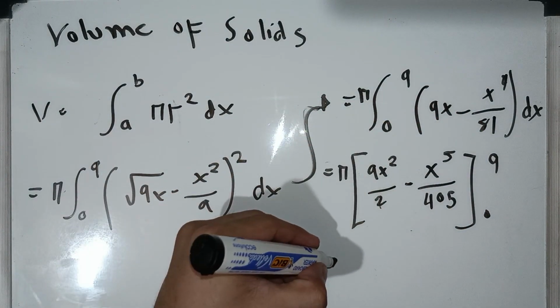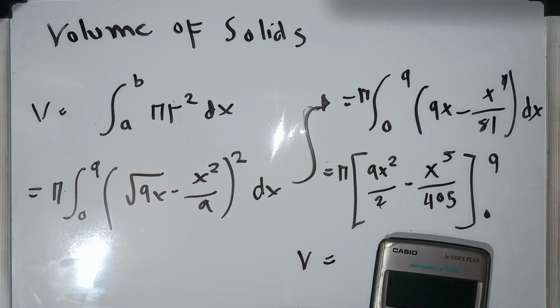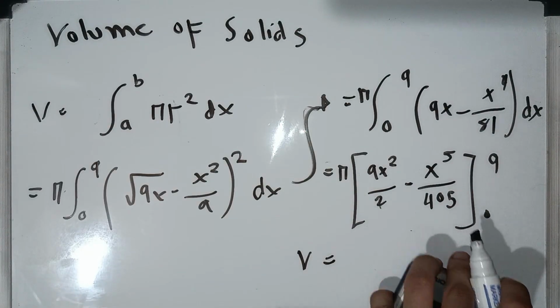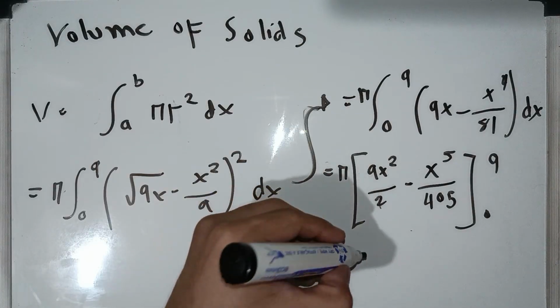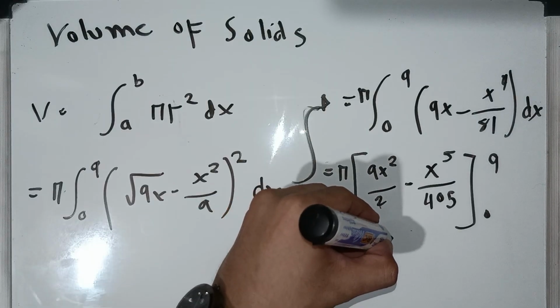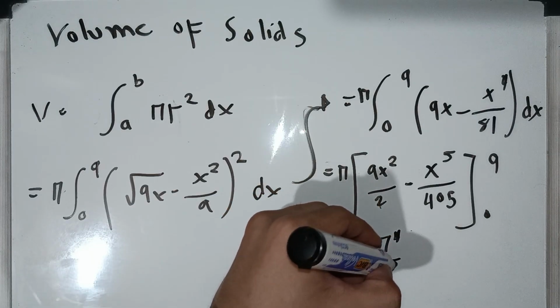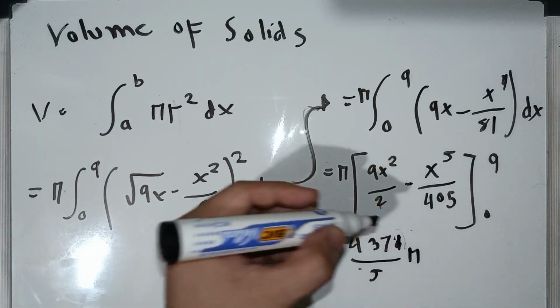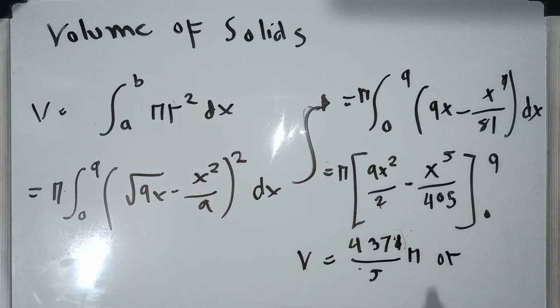So let's use our calculator to solve this one. So that is now equal to 4,374 all over 5 pi, or we can get rid of the pi, so let's erase this first.